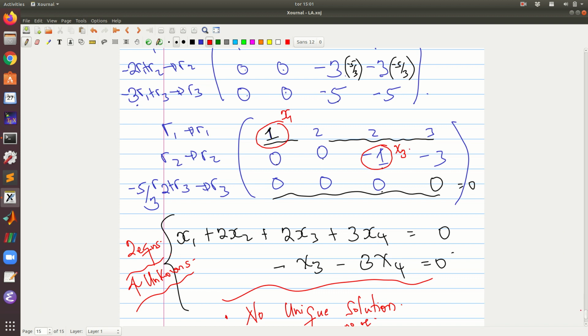So we let x1 and x3 be the basic variables, and the rest, x2 and x4, are going to be the free variables.